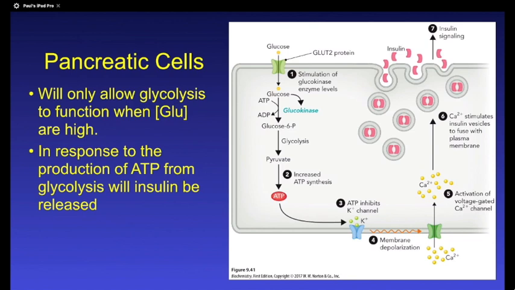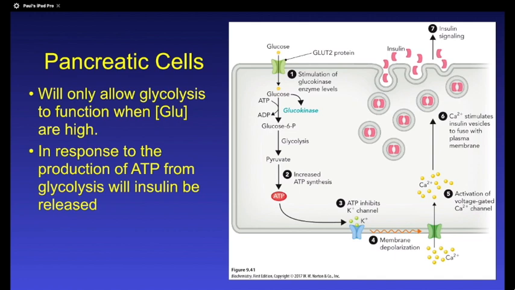That's great. Now ATP goes to a channel, and when the channel binds ATP, it inhibits it or closes it. Right? Now, this depolarizes the cell, just like a neural signal.